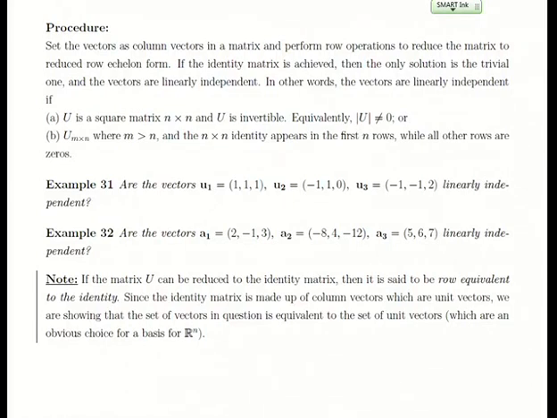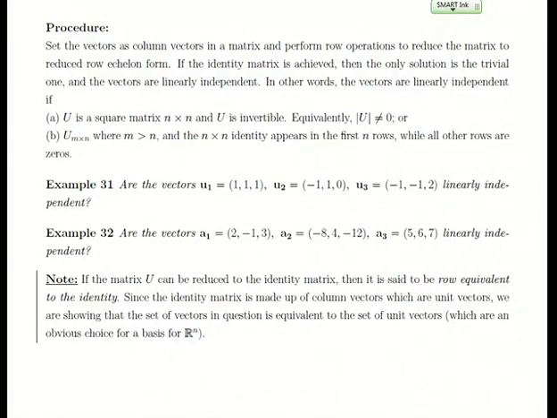It's actually a little bit easier than that. We're going to talk more about this next week as well. If you can do this with your row operations, it means the matrix is invertible. And don't forget, if it's invertible, the determinant's not equal to 0. So why don't we just find the determinant instead of doing the row operations?